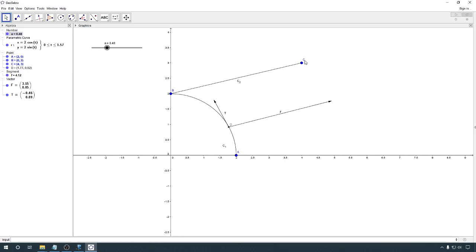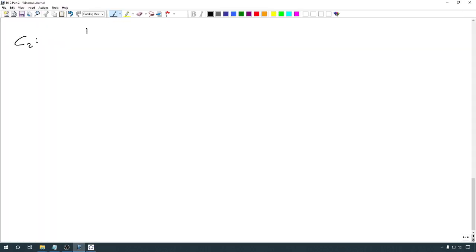I'm going to look at the vector from B to C. That's actually going to be the vector 4, 1. That's going to give me parametric equations of x equals 4t and y equals 2 plus t. Remember, I'm using the point 0, 2 as the first thing that we have there.